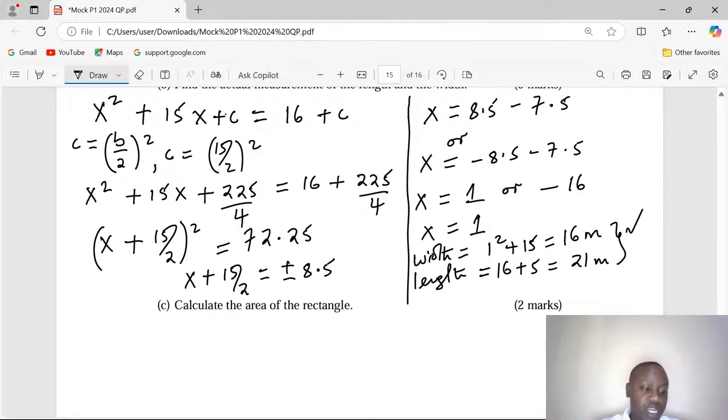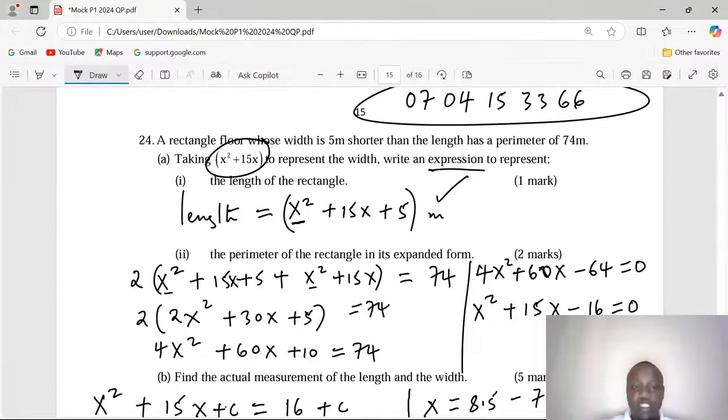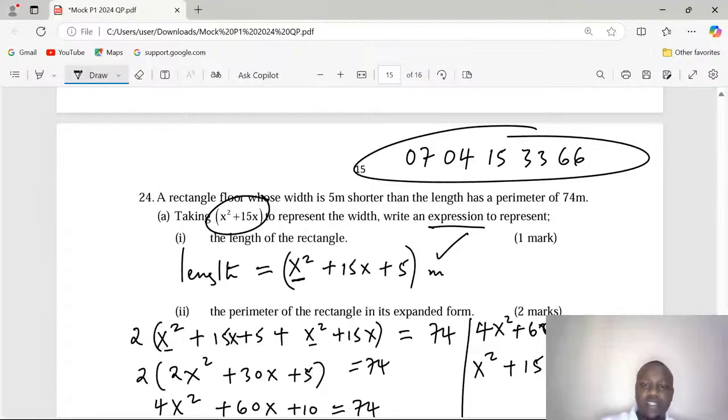But just to think aloud, let me assume that we use negative 16. Will it be wrong? When we use negative 16, we are supposed to have negative 16 squared. Then we add 15 times negative 16.